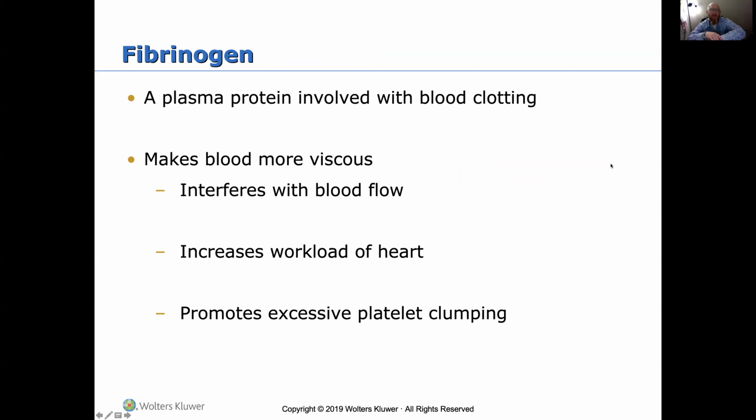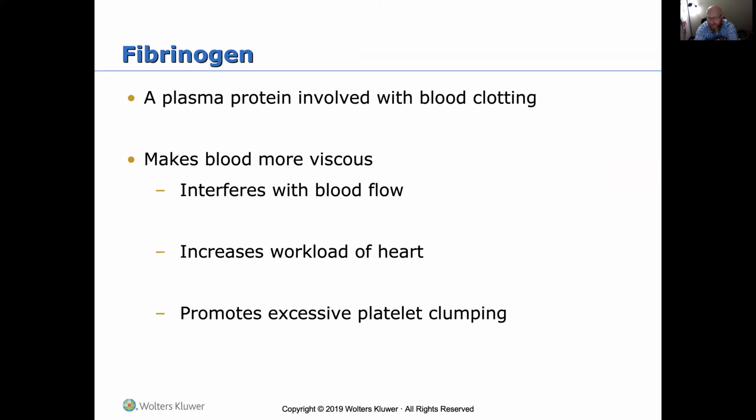Fibrinogen, here's the point on fibrinogen. It's a plasma protein. It has to do with blood clotting. It makes blood more viscous or kind of thicker. If you think of motor oil or maple syrup, it's thicker than water. You want your blood to be thin enough that it can flow through your veins and arteries easier.